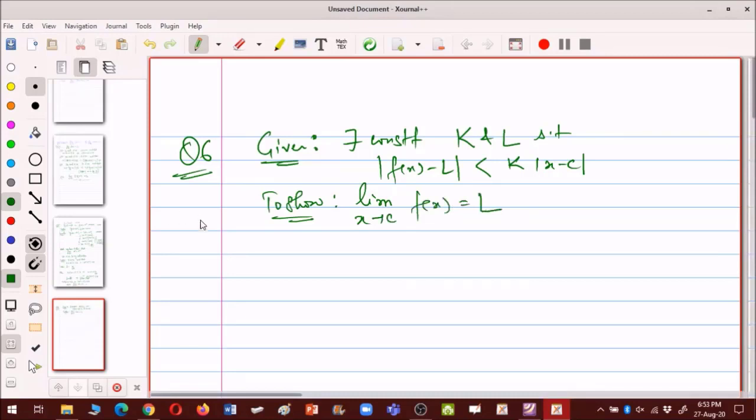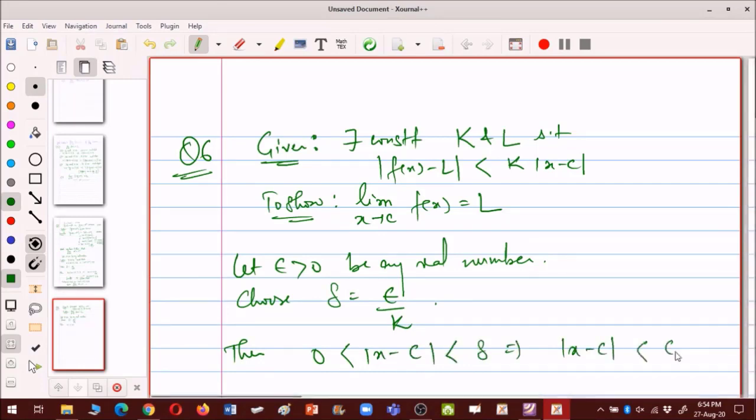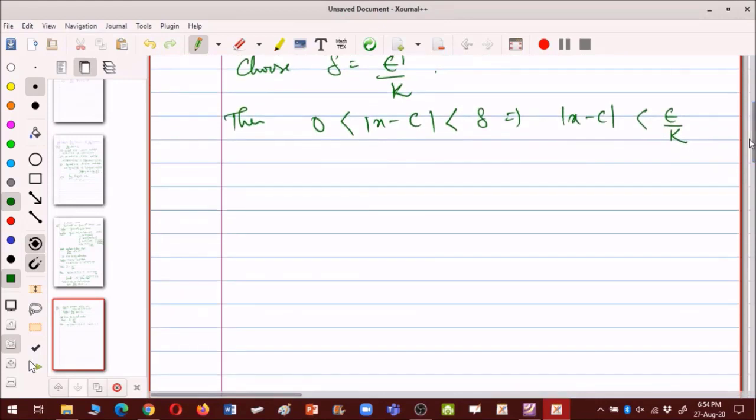So what we will do, we will let epsilon greater than 0 be any real number, and choose delta equal to epsilon by k. Then 0 < |x − c| < delta implies |x − c| < epsilon by k, and this will imply that k|x − c| < epsilon.